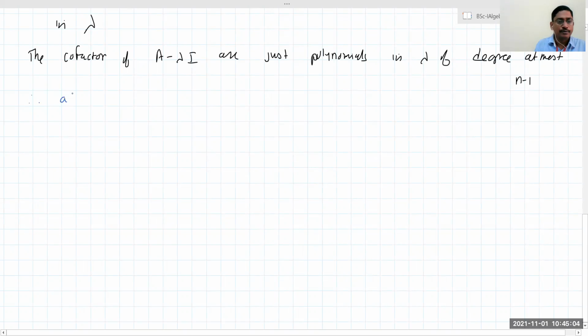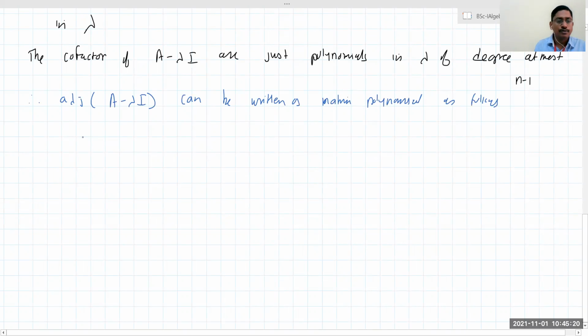Therefore, the adjoint of A minus lambda I can be written as a matrix polynomial as follows.